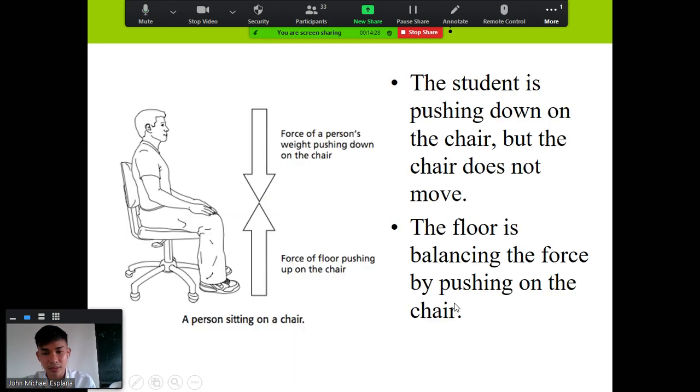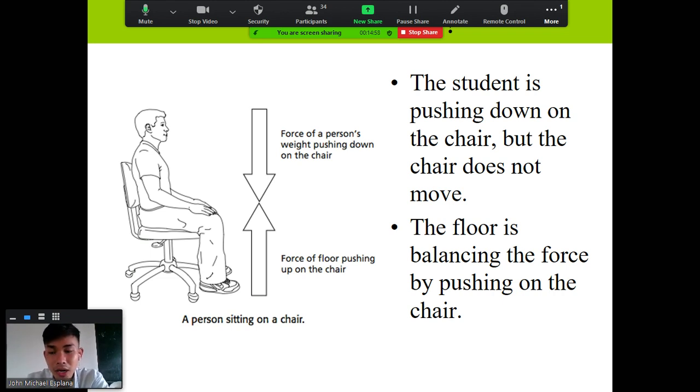Okay, so next. If you look at this illustration, the student is sitting on a chair, pushing down on the chair, since umupo siya, but the chair does not move. Tandaan nyo, if there is no movement, that means there is a balanced force. If there is no change in motion, that means there is a balanced force.